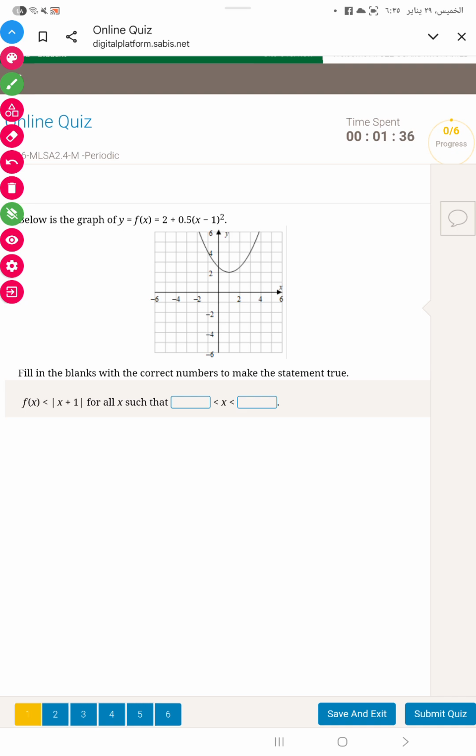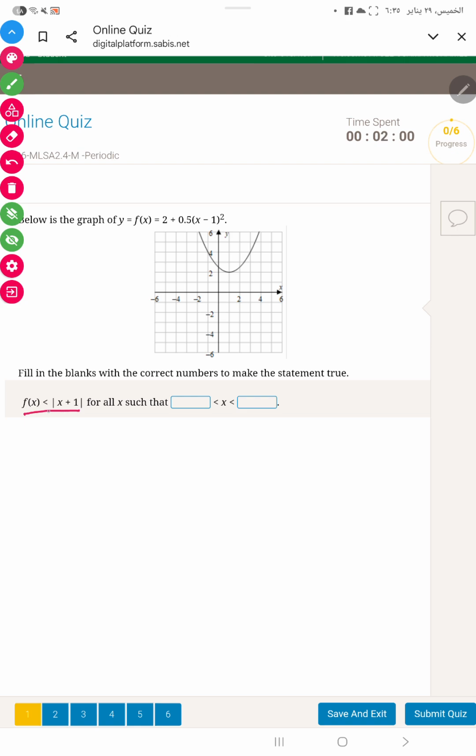So here you are given the graph of the function y equal f(x), 2 plus 0.5 (x minus 1) squared. We want to calculate the values of x for which f(x) is less than the absolute value of x plus 1.